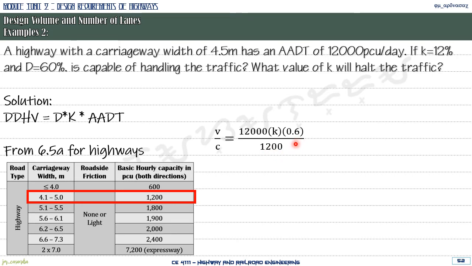So in this case, the volume capacity ratio that would halt our traffic will be equivalent to 1, meaning we have approached the capacity already of the road section. So substituting now, 1 is equal to 12,000 K times 0.6 divided by 1,200, we will now arrive at a value of K which is equal to 0.167.